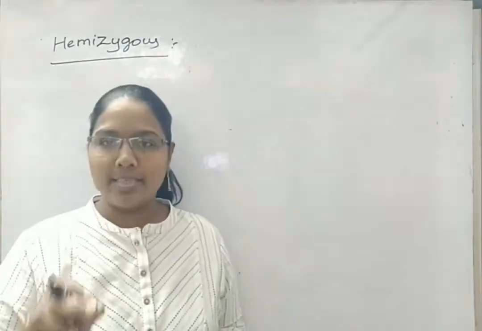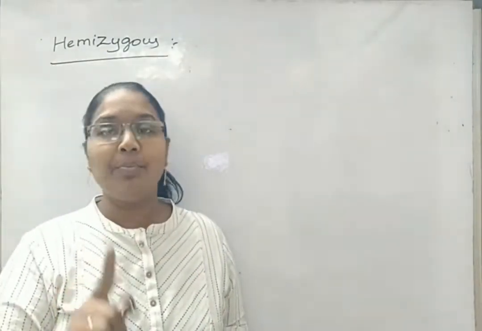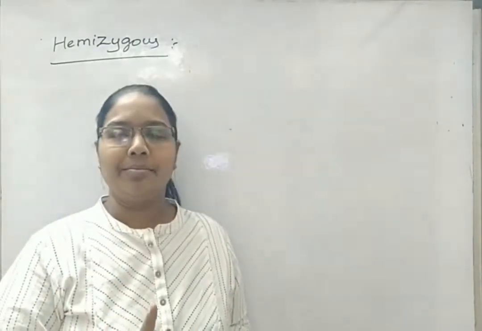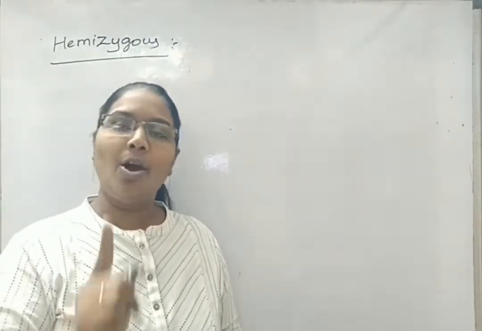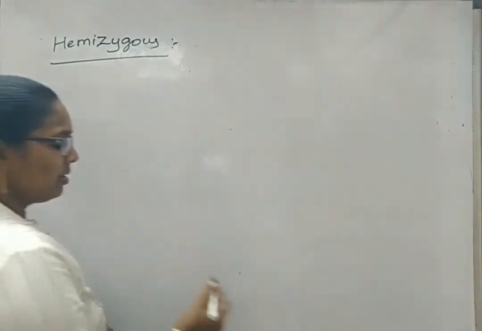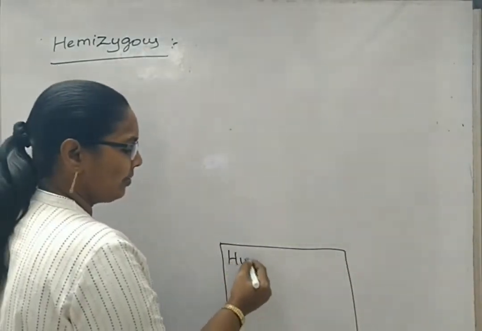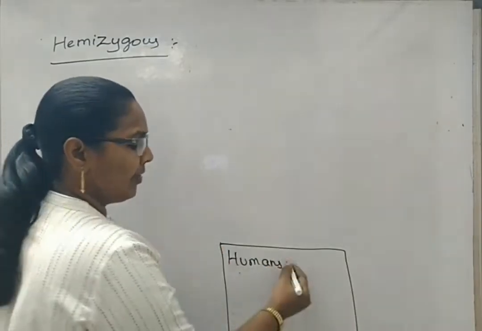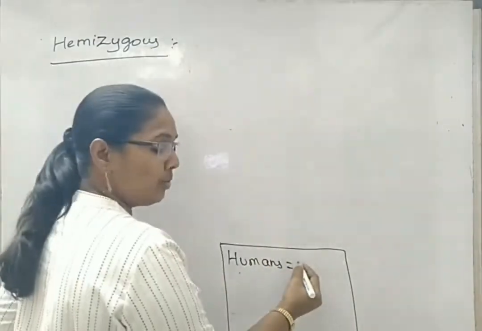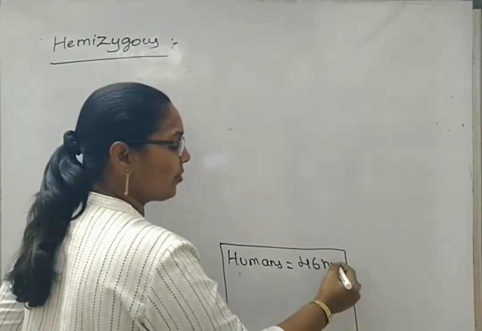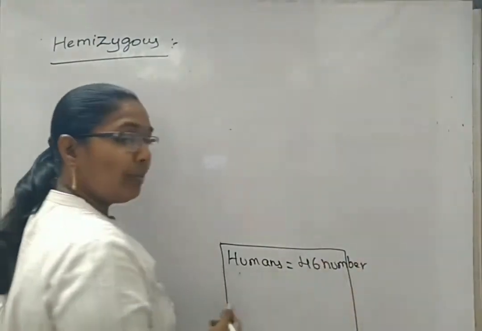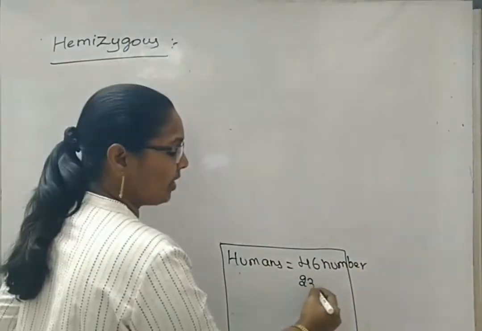That individual has only one type of allele of the pair. Here, let us remember one example: humans have how many chromosomes? Humans have 46 chromosomes, that means 23 pairs.